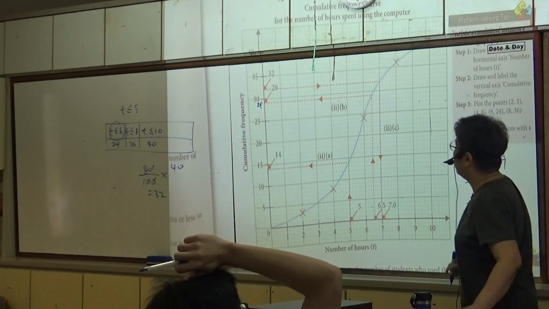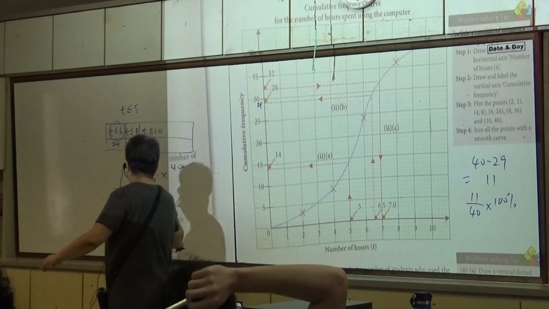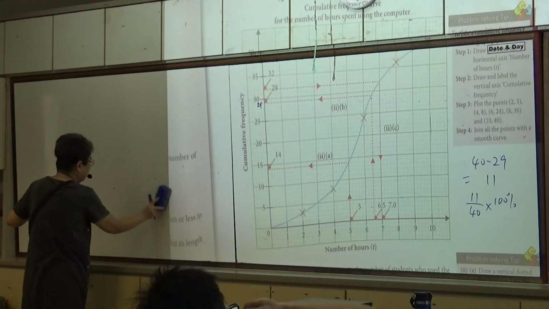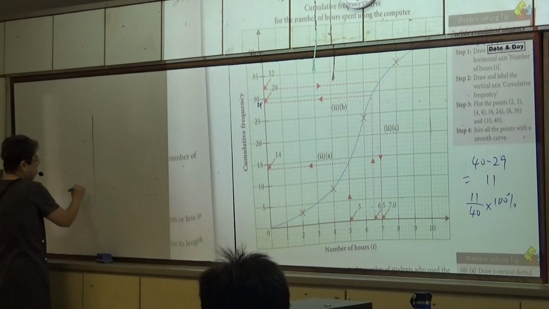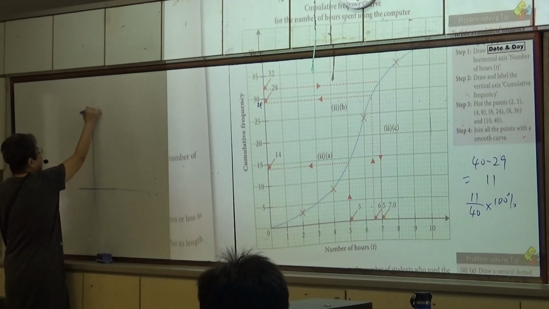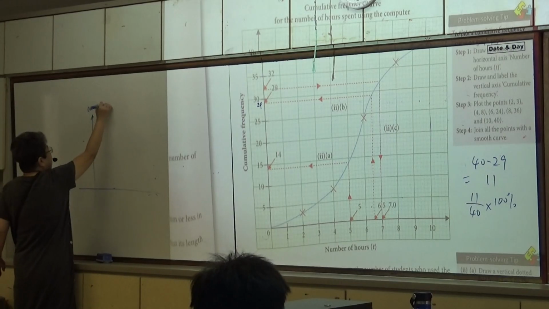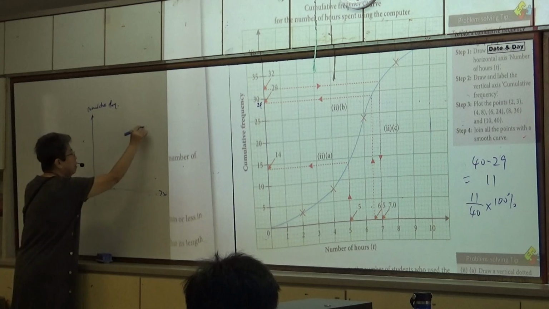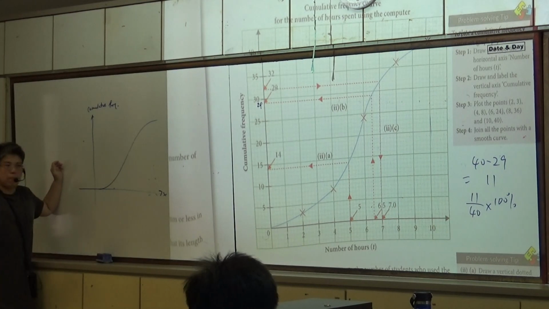Okay, now one thing I want to summarize before I give you the homework for today. Okay, all of you look up. This may be X. I repeat, all look up.